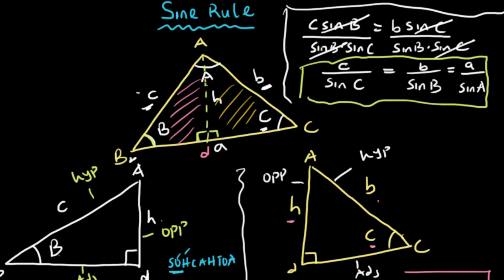So sine rule is C over sine C equals B over sine B equals A over sine A. It could as well be A over sine A equals B over sine B equals C over sine C. So what we just did is to prove what the sine rule is, and here is what we conclude, that A over sine A equals B over sine B equals C over sine C.